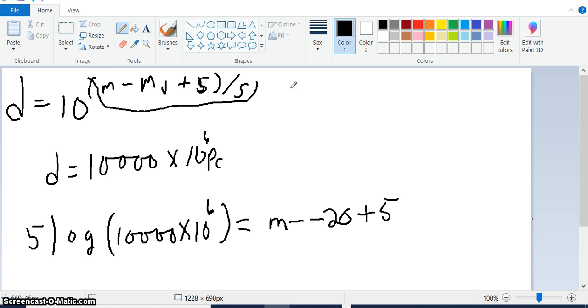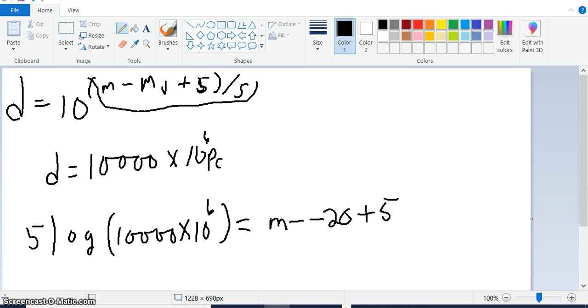Again, you do the same thing that we did before. You take the logarithm of both sides, and so all this stuff would be divided by 5. I brought the 5 over to the other side. So it'd be the log of 10,000 times 10 to the 6, because they told us it's megaparsecs. That's actually not too bad.